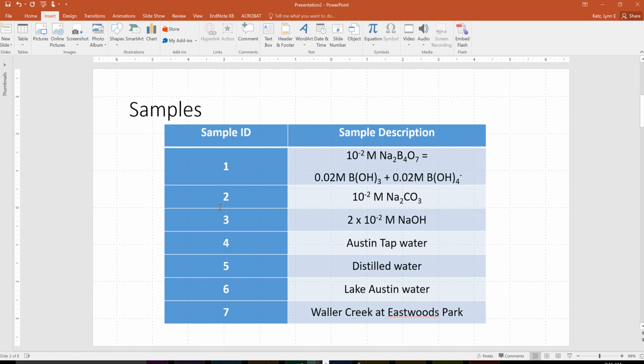We have a sample ID for each sample. The first sample was the borax sample. One thing I wanted to point out about the borax sample is that borax is actually a combination of both the acid and the base. Since there are 4 boron molecules in borax, we actually create 0.02 moles per liter of BOH3, the acid, and 0.02 moles per liter of BOH4 minus, the base.